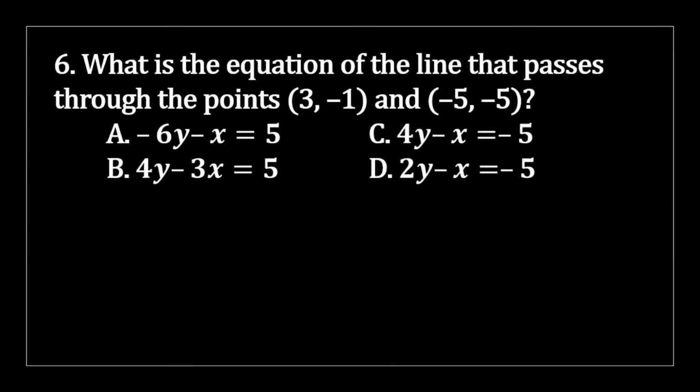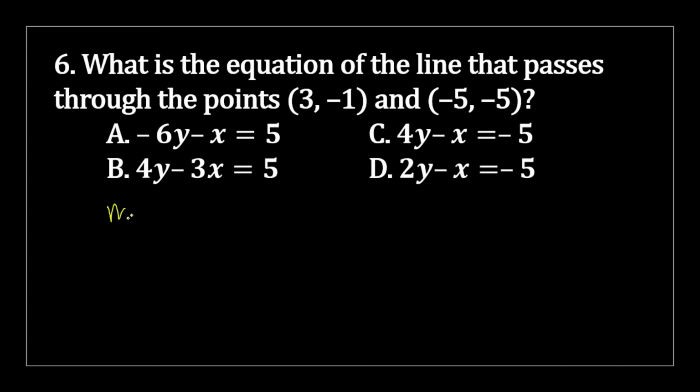Number 6. Which equation of the line passes through points (3, -1) and (5, -5)? So again, we will use two formulas here. We need to know the slope.